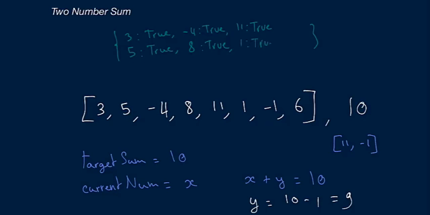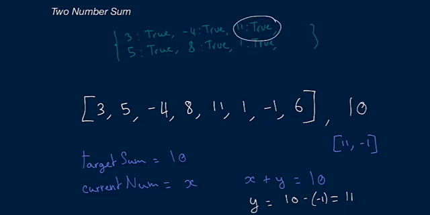And now we get to the number that we care about. We get to negative 1. So we can calculate 10 minus negative 1. That's going to be equal to 11. And now if we check for the number 11 in our hash table, we'll notice that we have it here, right?